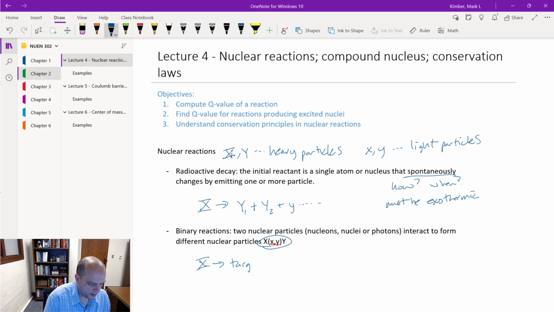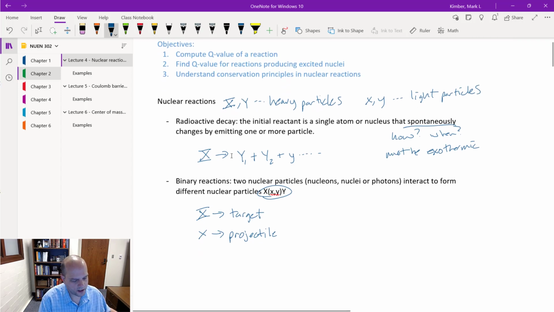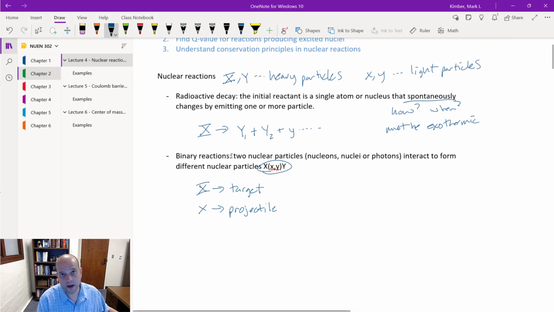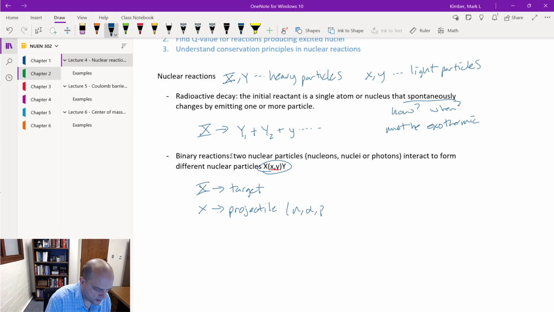This is going to be my target. The small particle on the reactant side is going to be the projectile. So for instance, this could be a neutron, this could be an alpha particle, this could be a proton, or some other options.